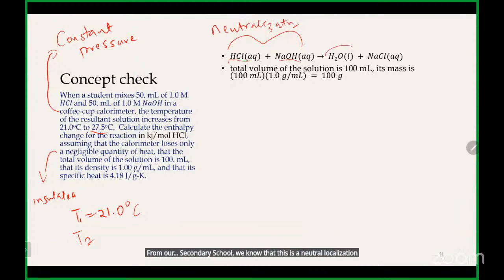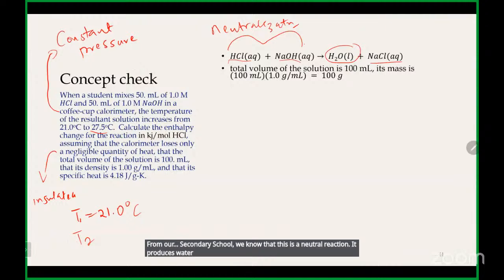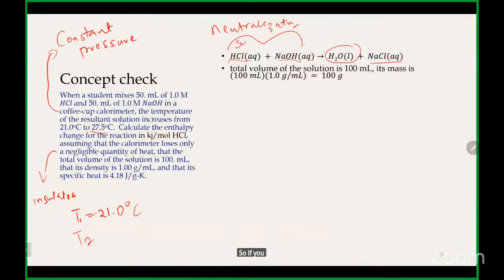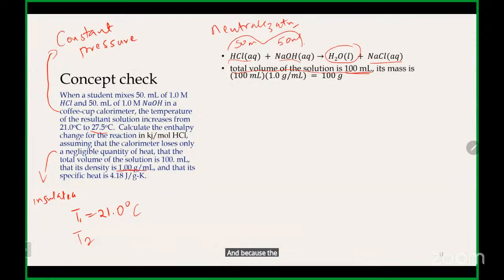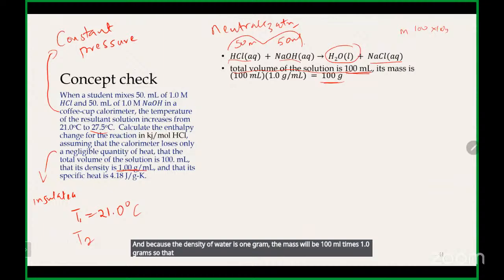It produces water and salt. If you mix 50 mL of this plus 50 mL of that, the total volume of the solution will become 100 mL. Because the density of water is 1 gram per mL, the mass will be 100 mL times 1.0 grams per mL, which gives us 100 grams.